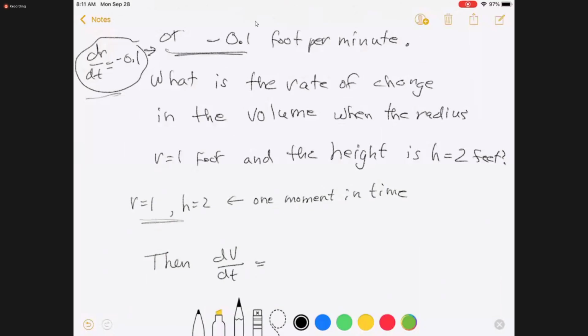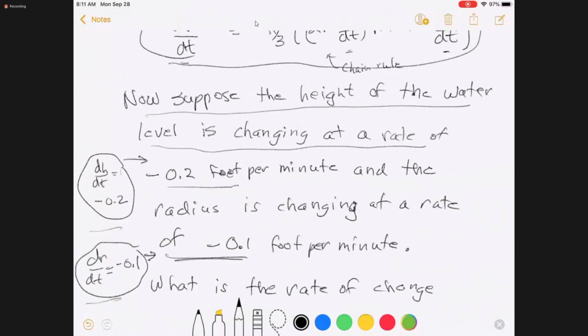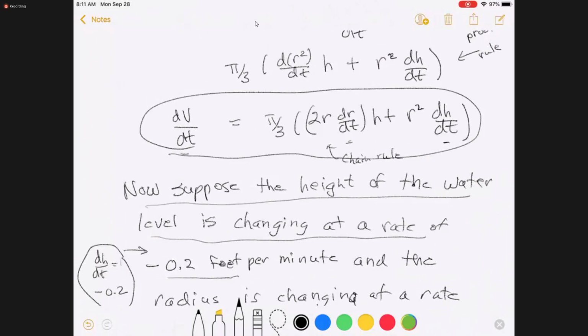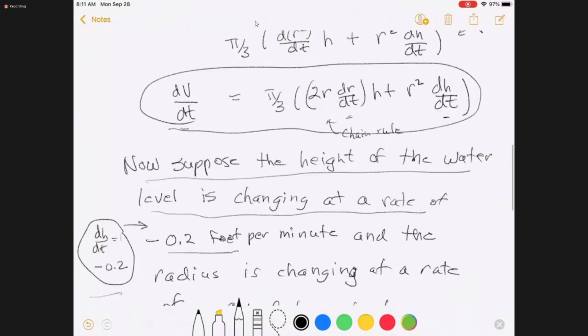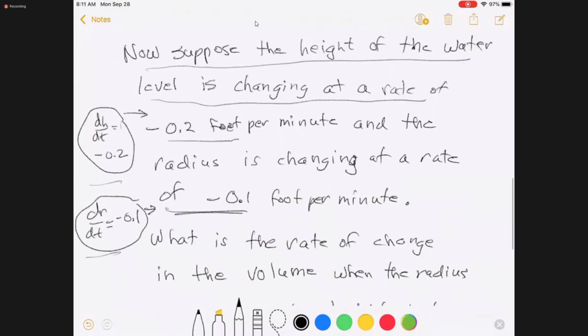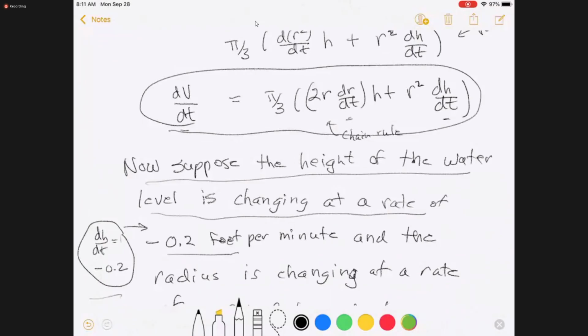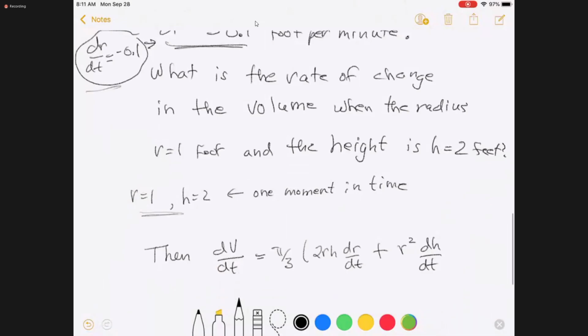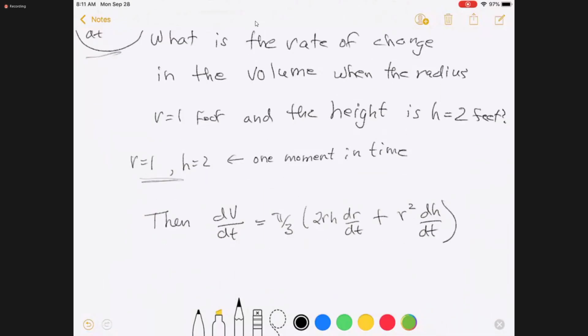Okay, and let's write what we had computed before. dV/dt equals pi over 3 times 2r h dr/dt plus r squared dh/dt. Okay. So that's our general relationship between these rates.